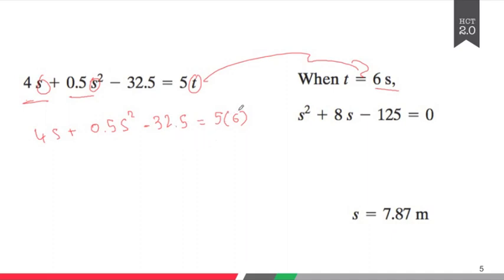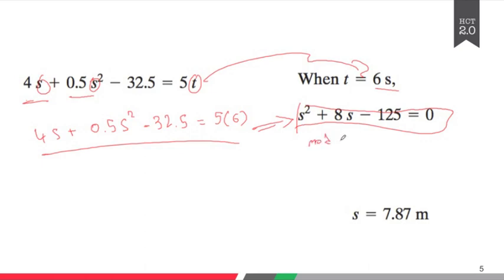And we can simplify this equation to get this quadratic equation, which we can solve using our calculators, going to mode 5 3.